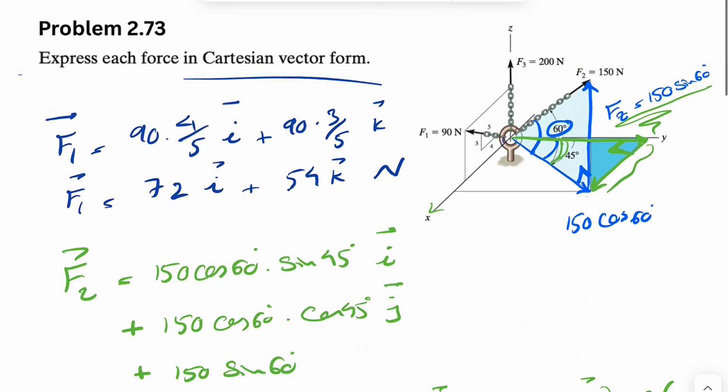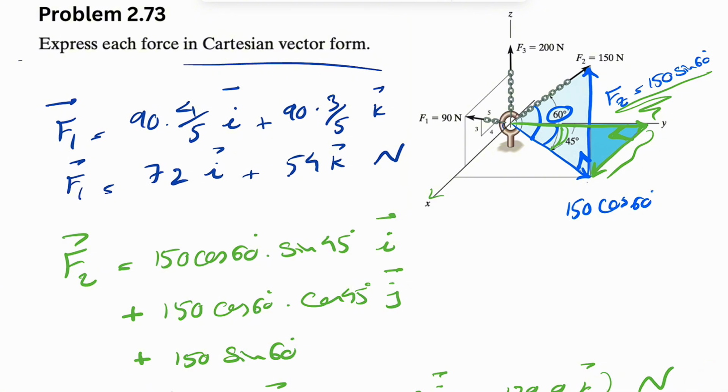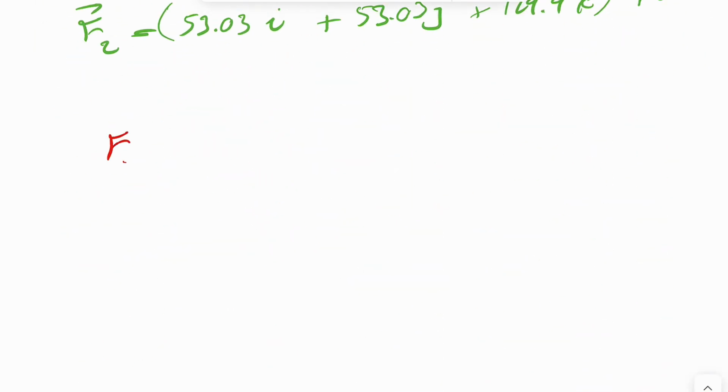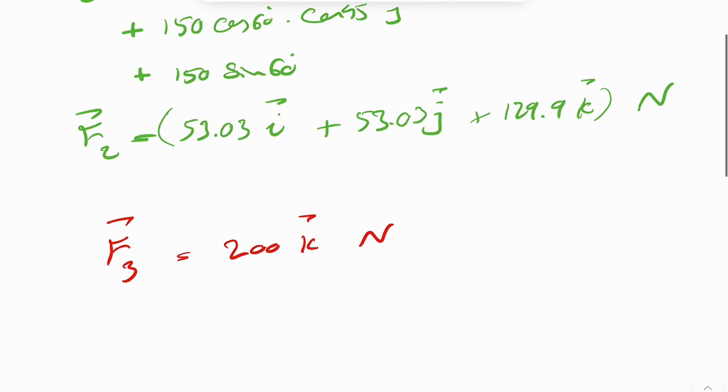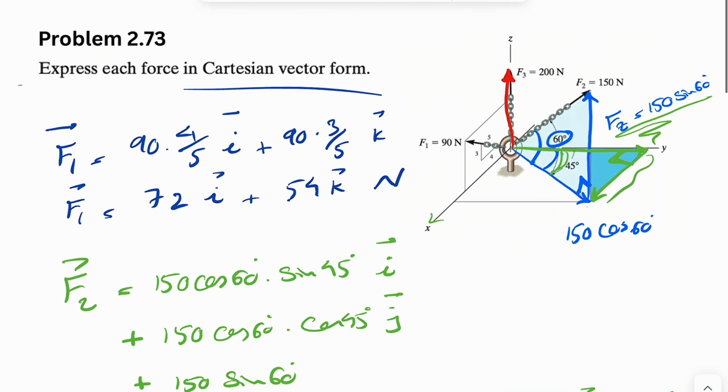That's going to be F2, and the last one is F3, which is on the Z axis. Pretty simple, there is no X and Y component, we only have a Z component, which is 200, so F3 is actually the easiest way possible to find these vectors, basically 200 along the Z direction.